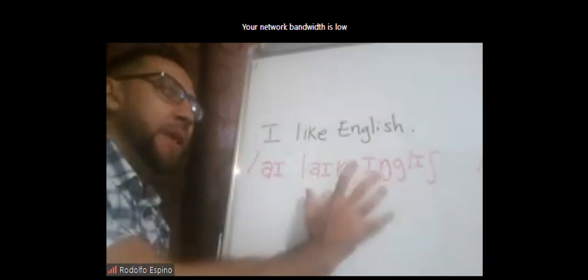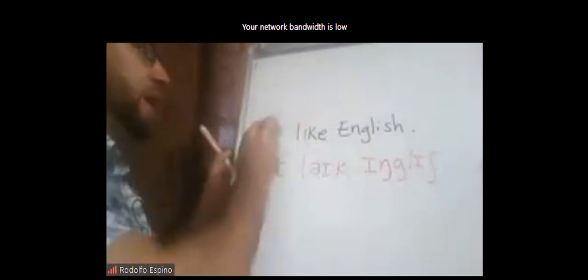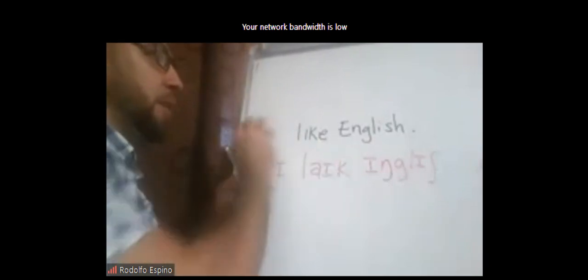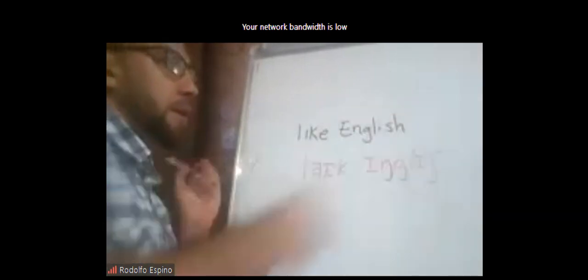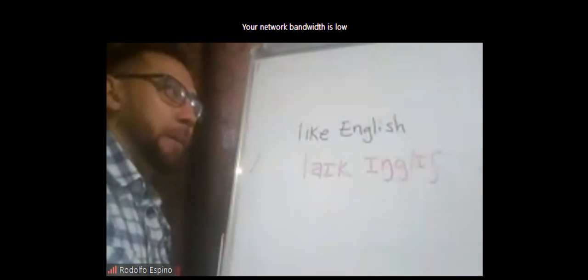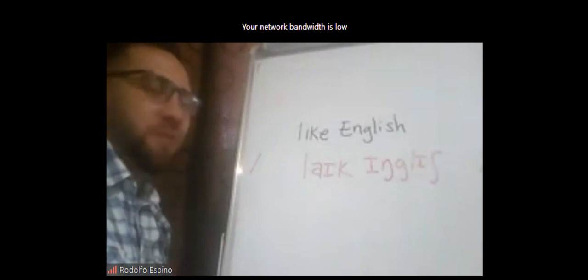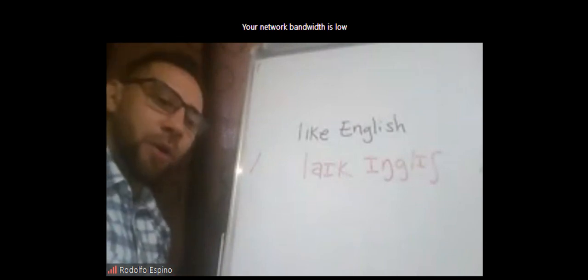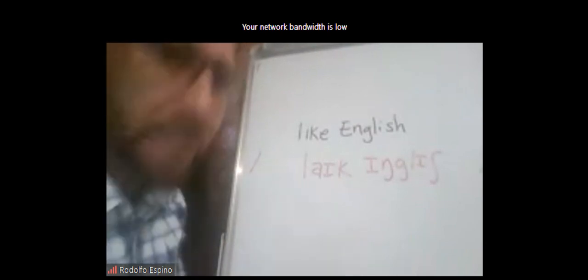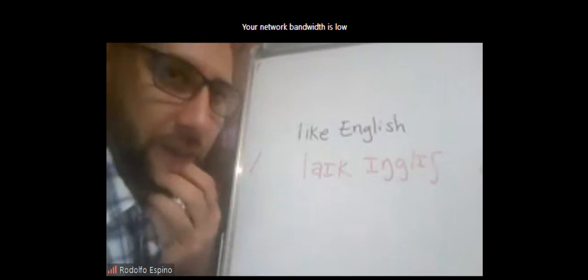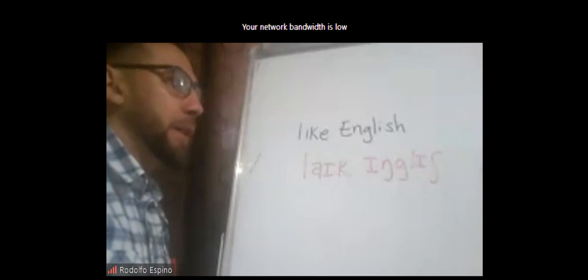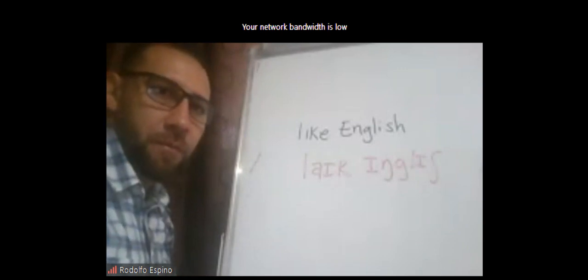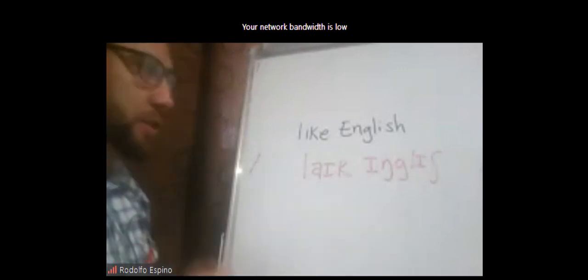If you're transcribing a phrase, like, for example, like English, then you should not write the double cross because it is a phrase. The double cross only signals the end of the sentence. There should be a sentence in order for you to transcribe a double cross.